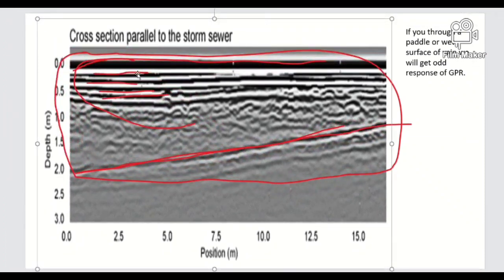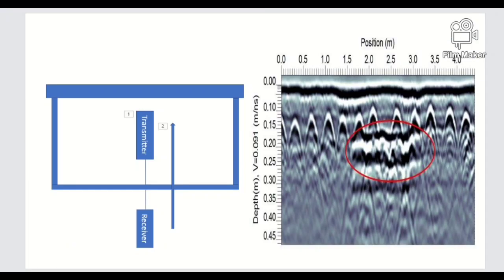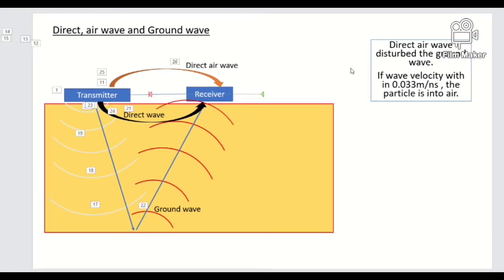If the direct wave velocity is less than 0.033 meter per nanosecond, we can consider that it is in air or in the subsurface, or it is a direct wave from transmitter to receiver.